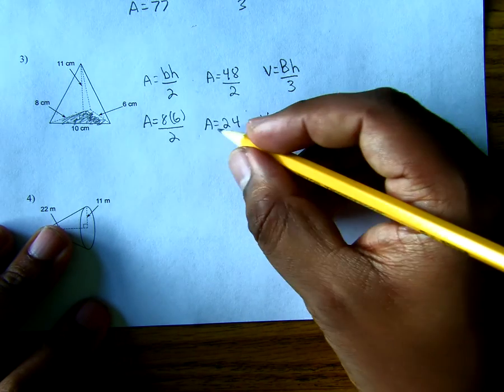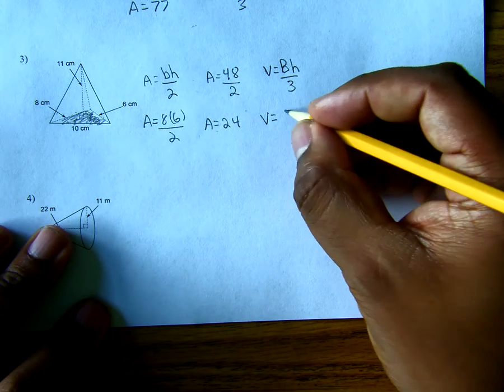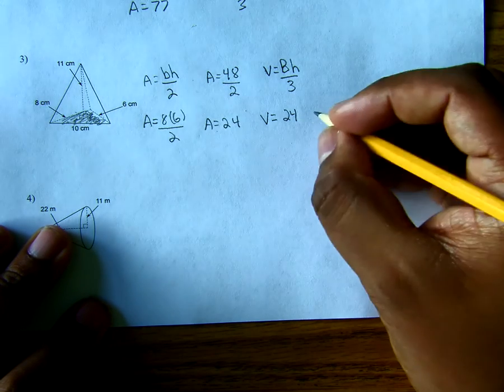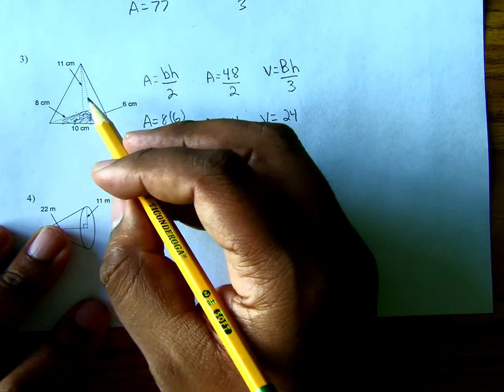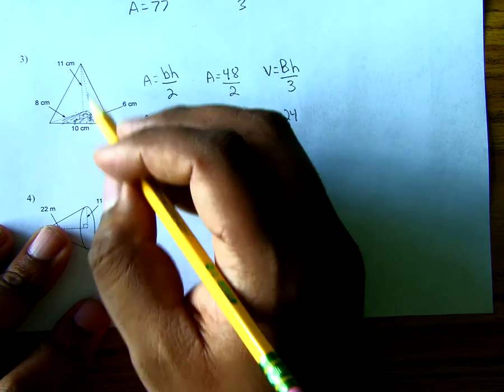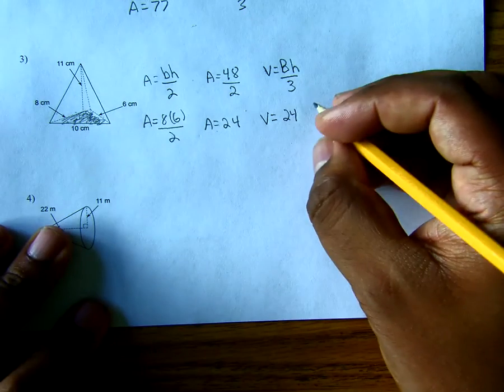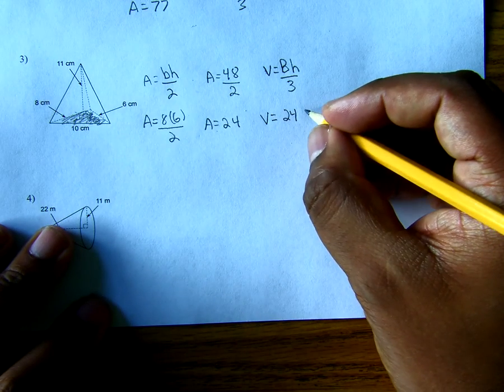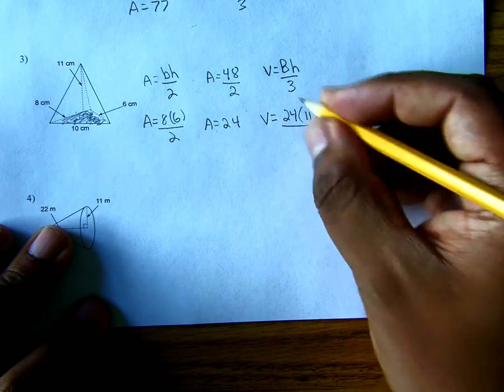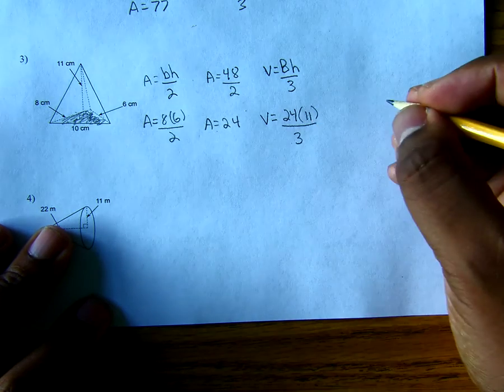So the big B is the same as the area, so that's going to be 24 times the height. The height in this case, since it's going from our triangle straight up to the point, it's going to be 11. And from the formula, we're going to divide by 3.